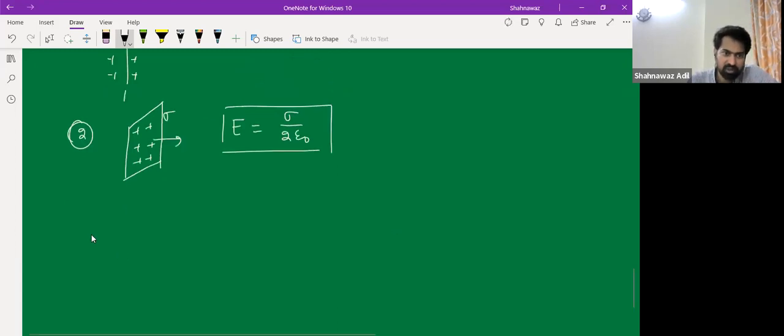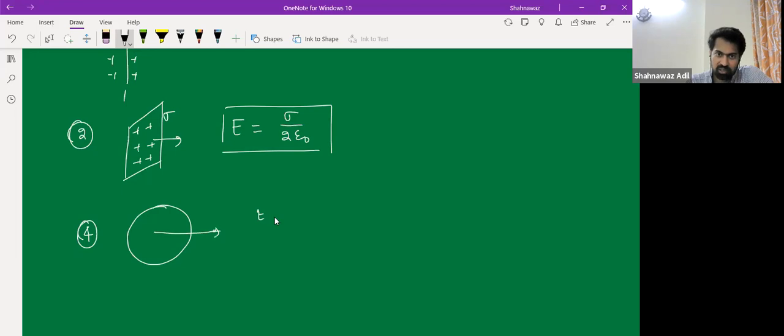And for the third one, we have this hollow sphere. So for the case of the hollow sphere, E inside is how much? Sir, I don't remember.